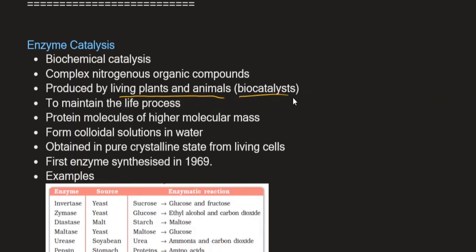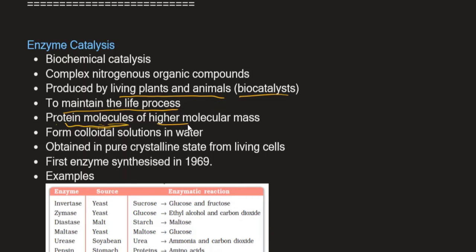That is why they are called biocatalysts. The objective of production or secretion of such enzymes by plants and animals is to maintain the life process, specific life processes. As I already mentioned, enzymes are simply protein molecules, but maybe complicated.